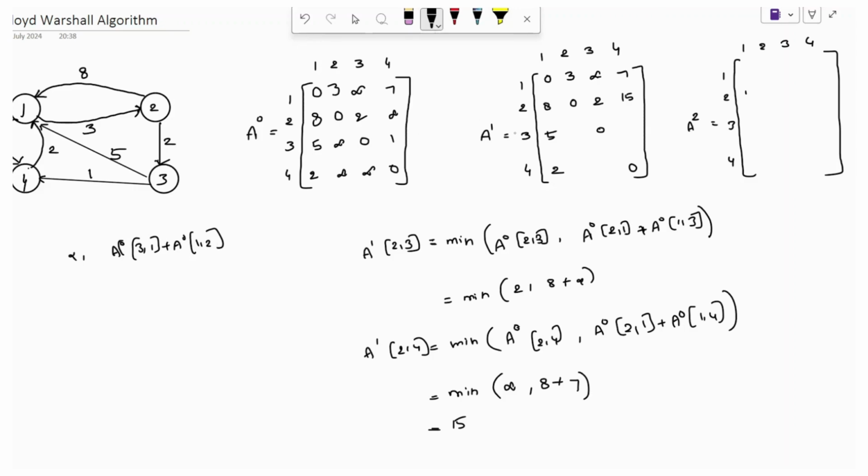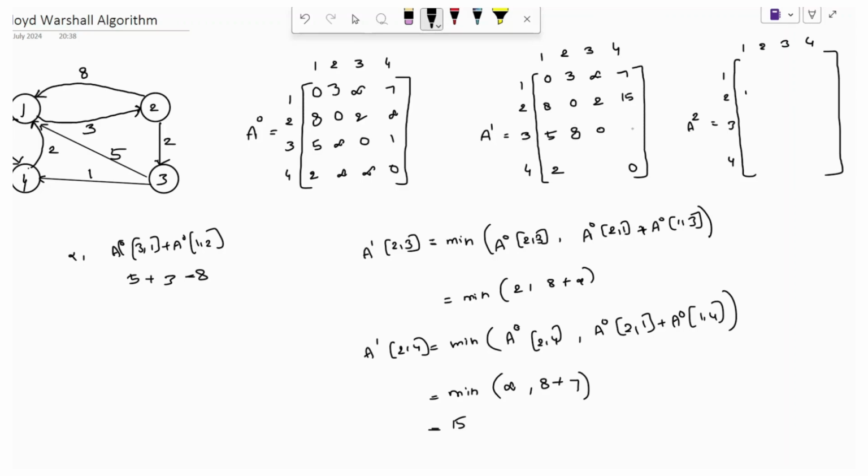I have to find A0 of 3, 2 through 1, right? 3, 1 and 1, 2. A0 of 3, 1 is 5, and then A0 of 1, 2 is 3. So I got value as 8. So out of infinity and 8, 8 is minimum. So I am going to update the distance from 3 to 2 via 1 as 8.